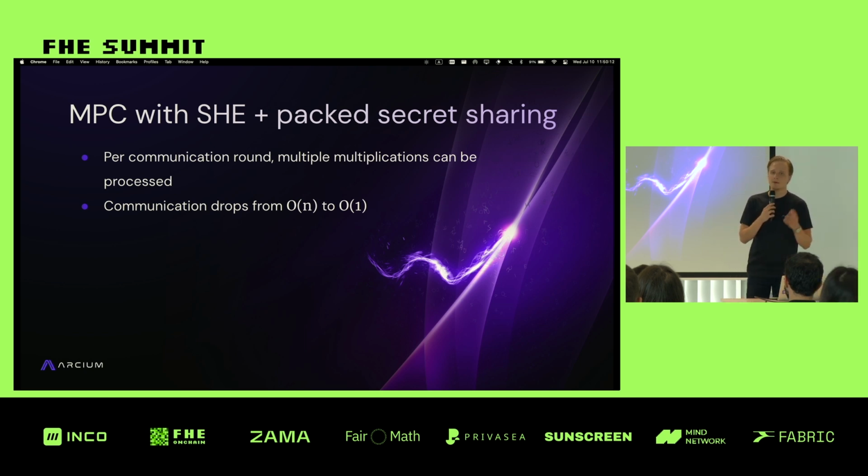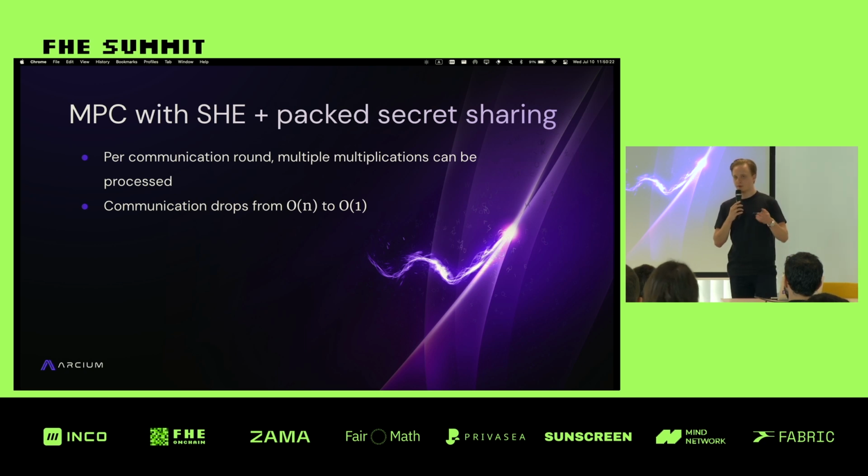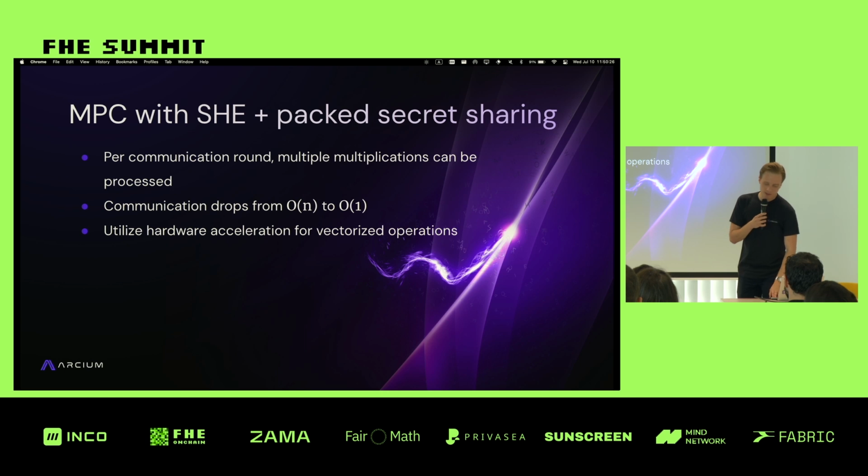But of course, that amortization really depends on also having to construct those polynomials, because they depend on the concrete input values of the online phase. Still, with this setup, we can also more heavily utilize hardware acceleration because we have those vectorized operations.